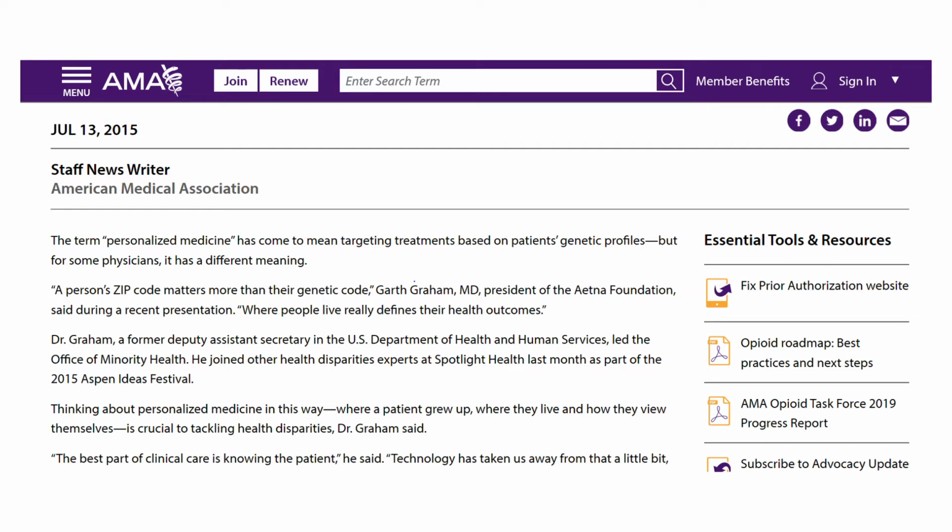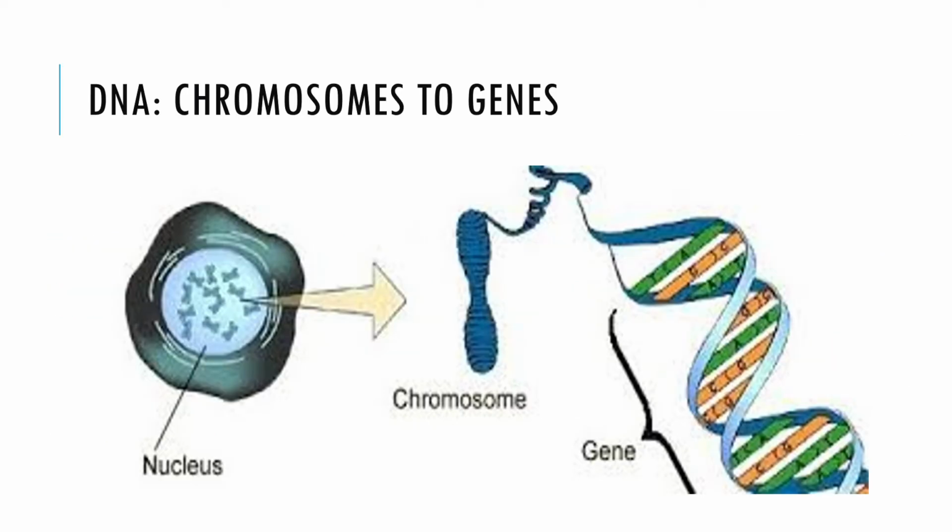So genetics, depending on who you ask, some people say as low as 3 to 5%, other people say 5 to 7, some people say up to 11, 12, maybe even 15%. But even if it were 15%, that's a large percentage of environmental factors that are going to be turning on the genes to lead to disease or health. So keep that in mind as we move through this lecture.